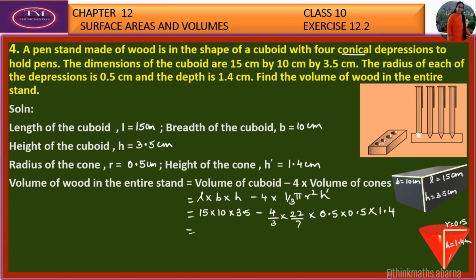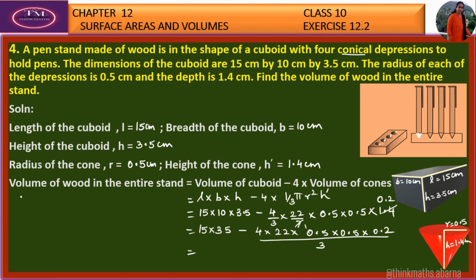Now 10 into 3.5, this decimal will vanish. So it is 15 into 35 minus, what can we cancel here? We can cancel this 1.4 and 7. So 7 ones are 7, 0.2. So we have 4 into 22 into 0.5 into 0.5 into 0.2 divided by 3.